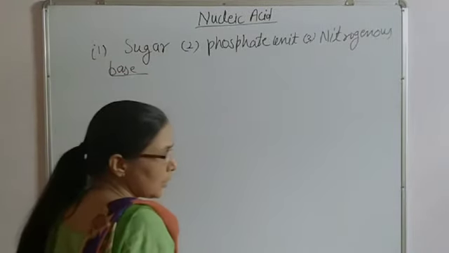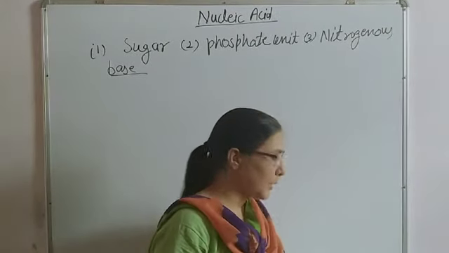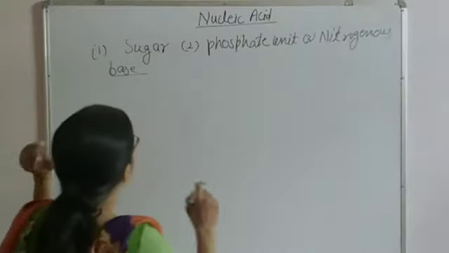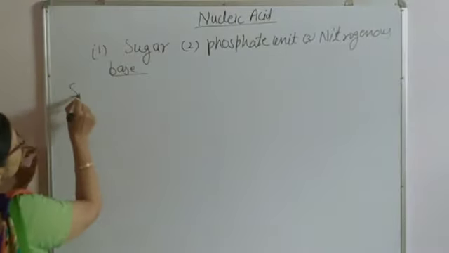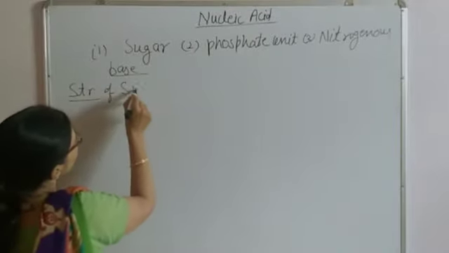As we are studying both DNA and RNA, what types of sugars are present in DNA and RNA? Let us draw the structure of the pentose sugar.